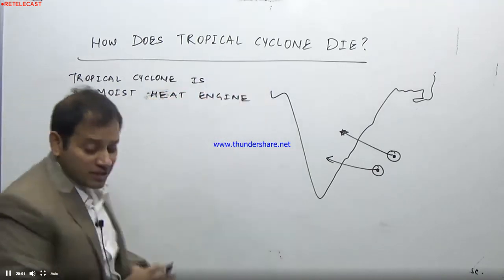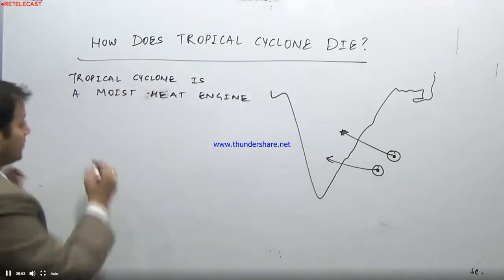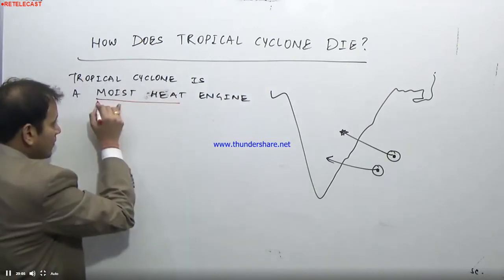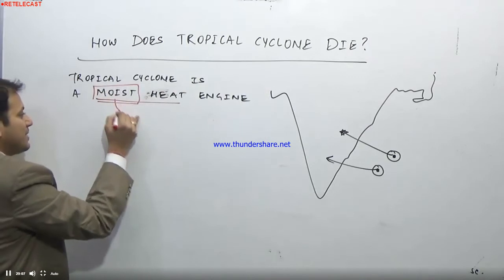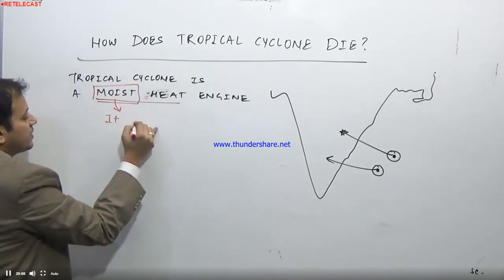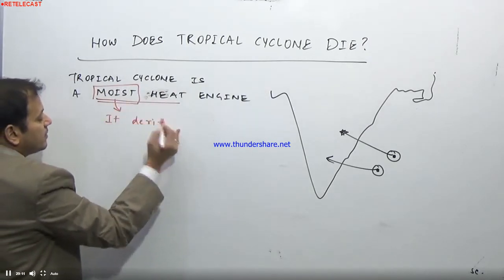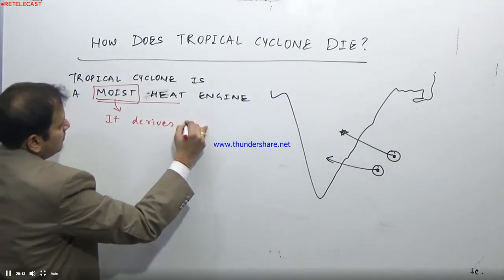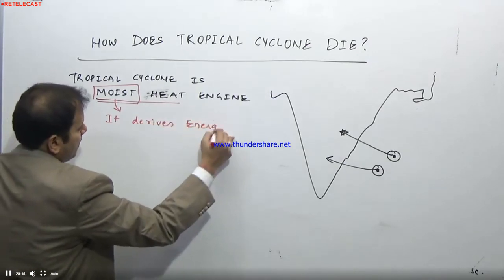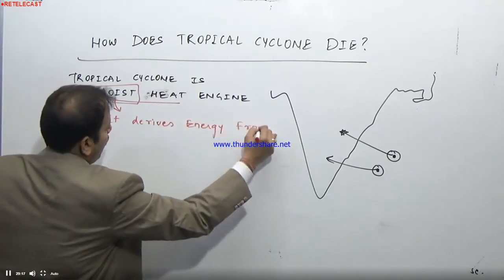What do you mean by moist heat engine? That means it derives energy from warm oceans.